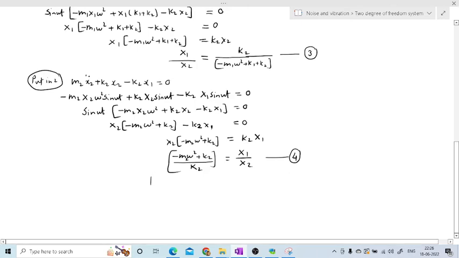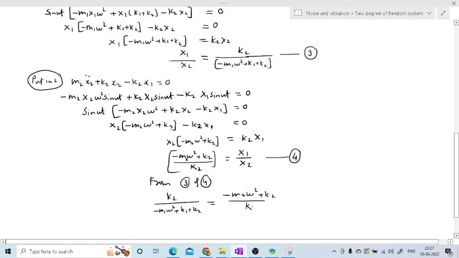So from 3 and 4 I can write, first for 3, k2 divided by minus m1 omega square plus k1 plus k2 is equal to, from 4 what I can write, minus m2 omega square plus k2 divided by k2. Now we will have to solve this equation.